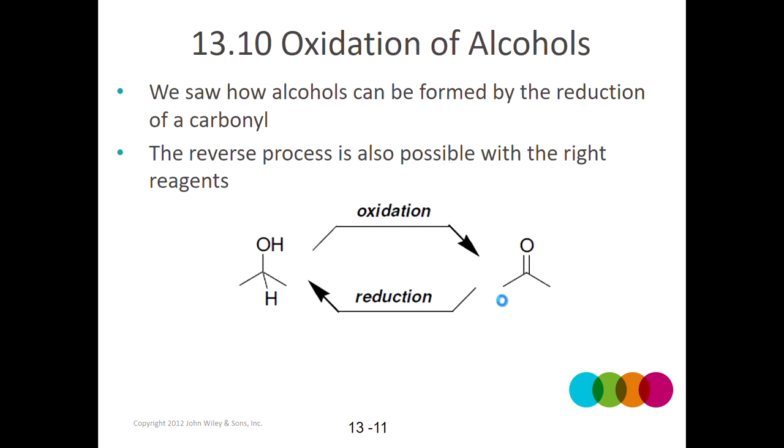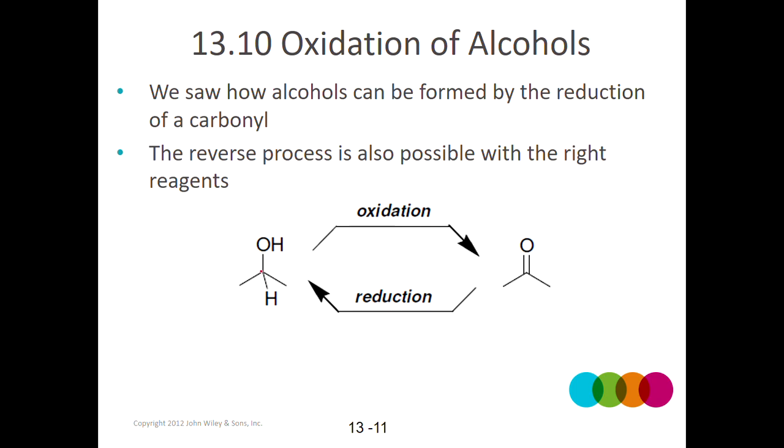All right, so that's a review of the reactions we've already seen for converting alcohols into other functional groups, as well as a couple new ones. And so now we're going to see another entirely new reaction that alcohols undergo, and that is oxidation to a carbonyl.